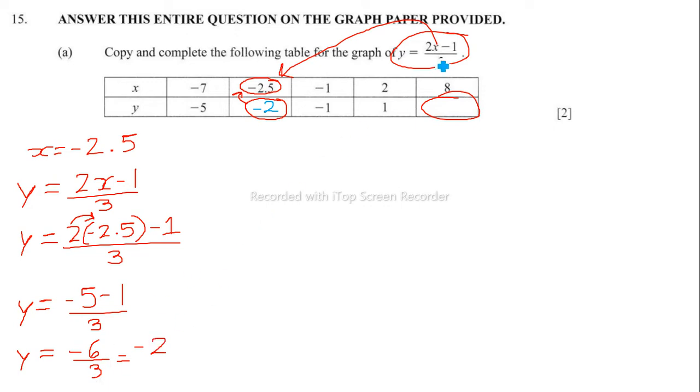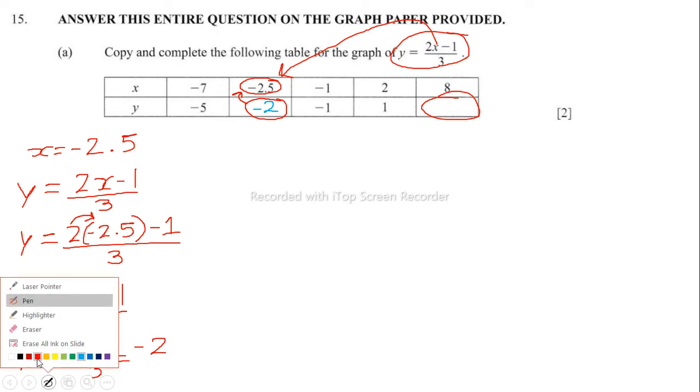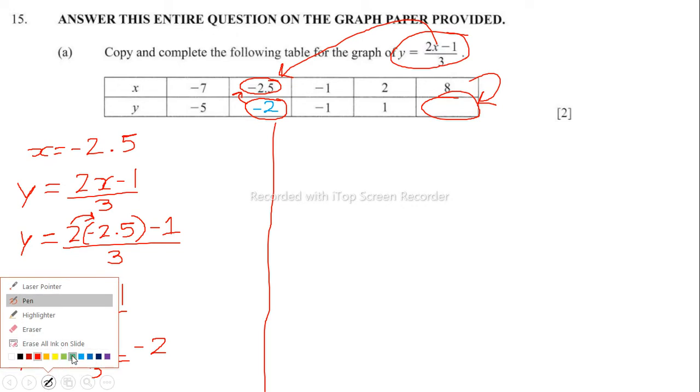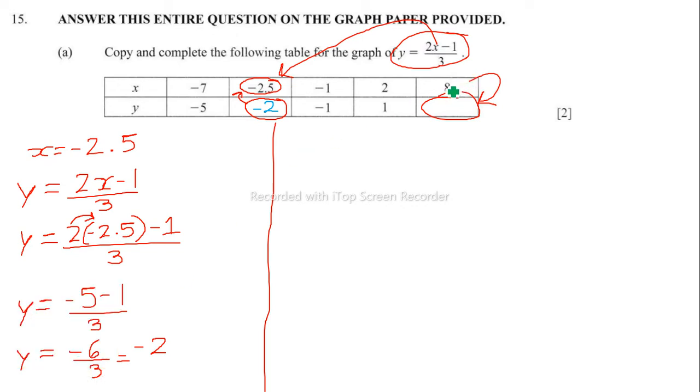Okay, next up, we have to figure out the associated y value for this one. So this time, x is equal to what? 8.